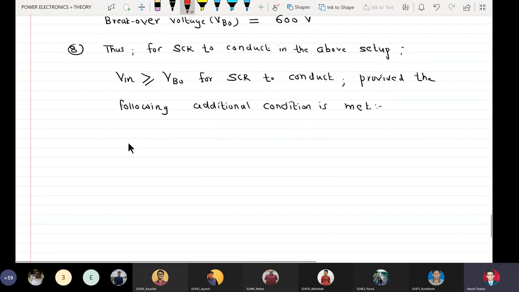The condition is that the device current IA should be greater than or equal to a critical value called latching current. Okay, so IL is called the latching current. So what do we conclude from this?